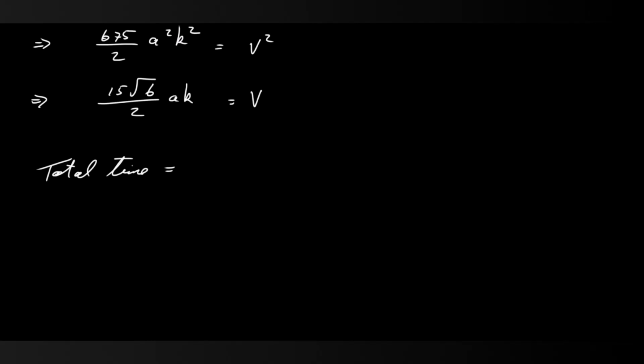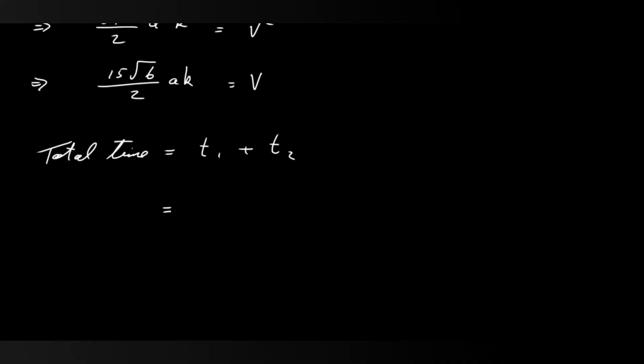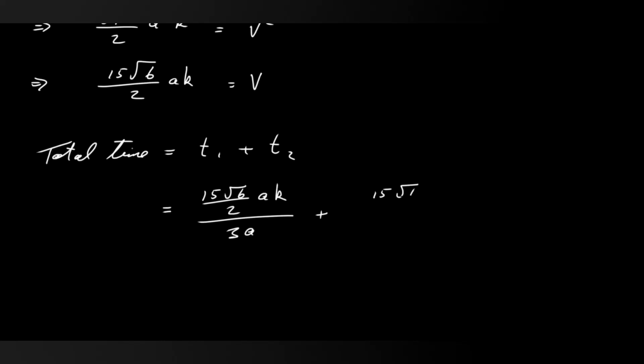So the total time is T1 plus T2. Now T1 then was v over 3a, so it's 15√6 over 2ak divided by 3a. T2 is v over 5a, so that's 15√6 over 2ak all over 5a.